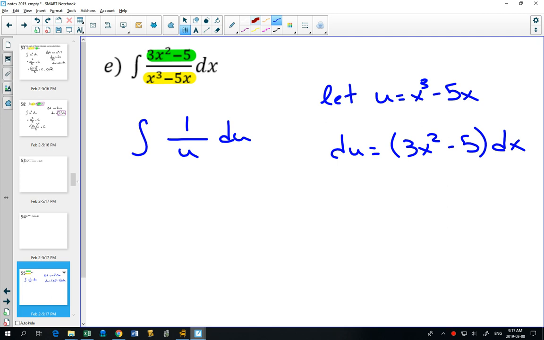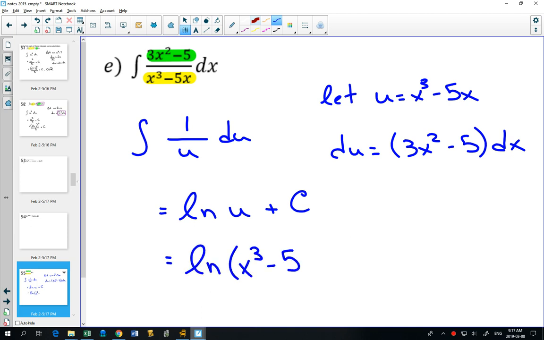And so if I am integrating and I have a 1 over u, then the integral is going to be the natural log of u. Substituting back, I'm going to have the natural log of x cubed minus 5x plus c.